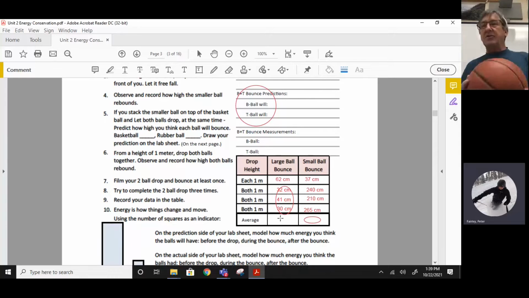It looks like some of the energy was destroyed. Meanwhile, the tennis ball only bounced 37 by itself, but it bounced 200 and something when it bounced with the basketball. It looks like energy was created for the tennis ball and destroyed from the basketball, but that did not happen, did it? What's the law of conservation of energy?